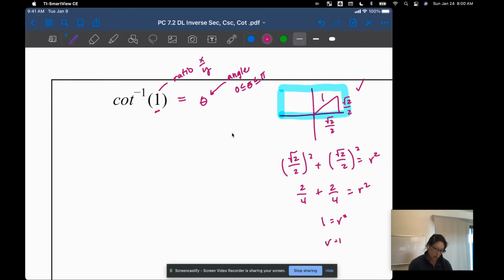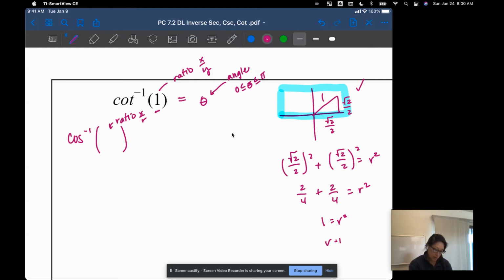Okay, so I have the cotangent. I can see right now this is a 45, 45, 90 triangle, so theta is equal to pi over 4. But if I were to type this into my calculator to double check, I need to use the cosine ratio. So the ratio for cosine is x over r.